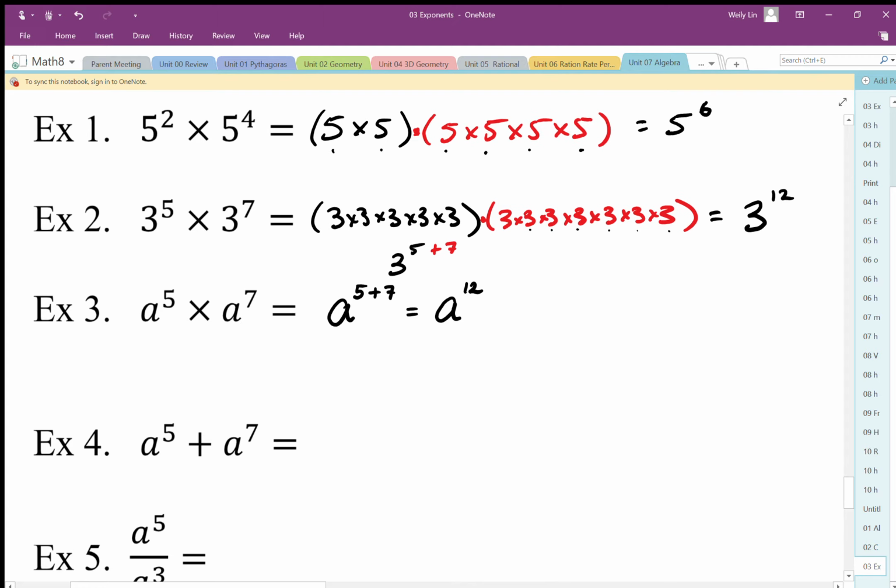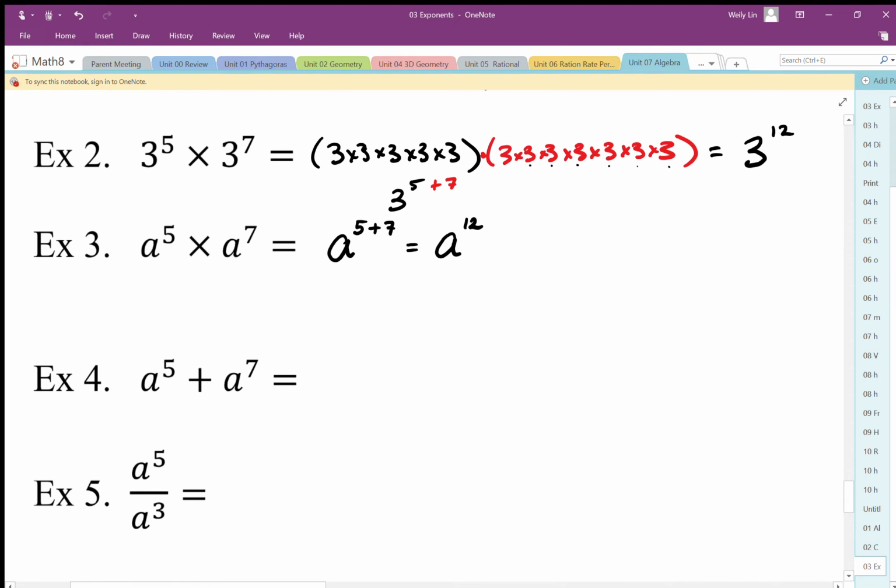So anytime I multiply with exponents, I can count up the exponent by adding the exponents together. This only works for multiplication because remember that powers and plus are not compatible, so there's nothing I can do here. So this has to stay a to the 5 plus a to the 7.